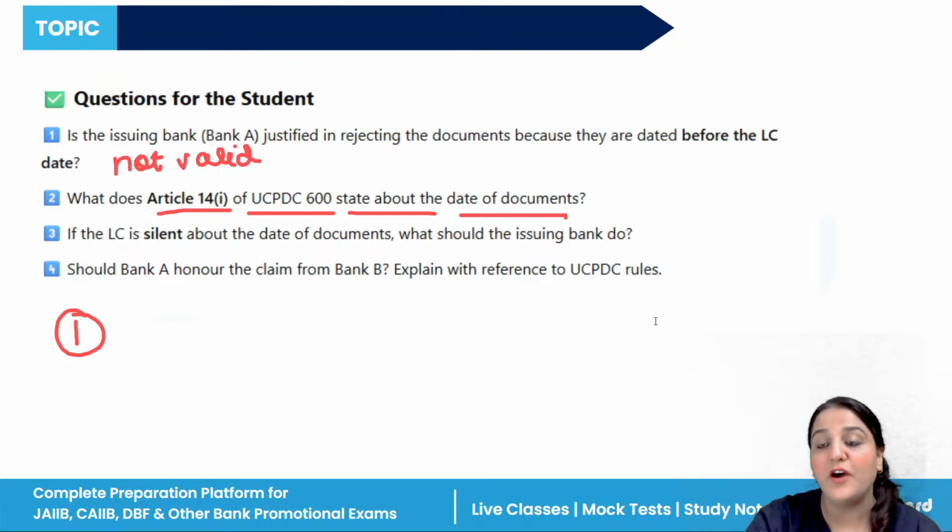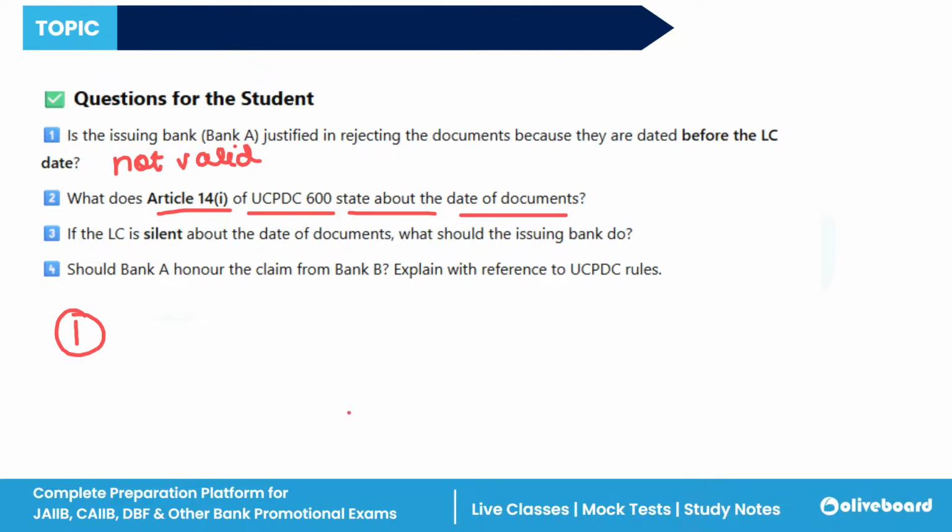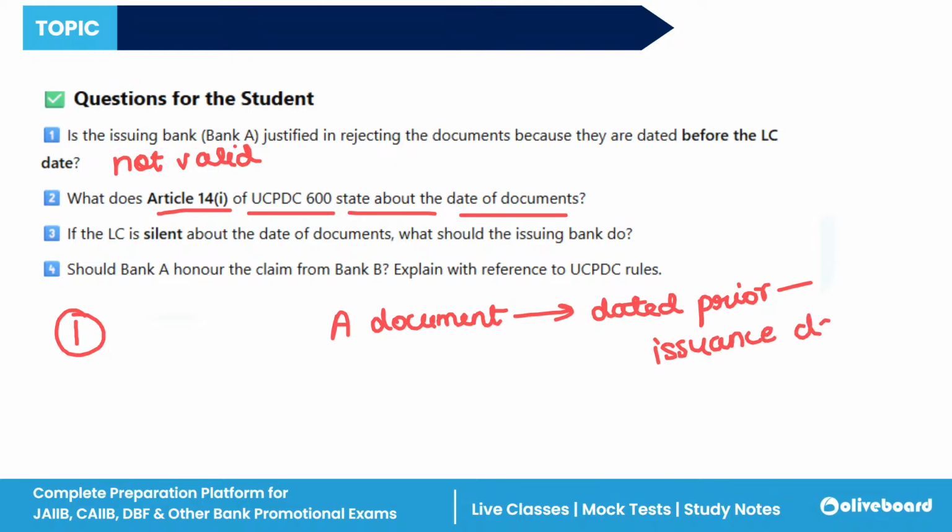According to Article 14 subsection I, UCPDC provides that a document may be dated prior to the issuance date of the credit, but must not be dated later than the date of presentation.